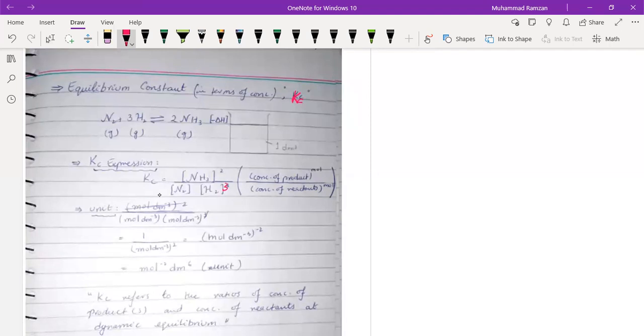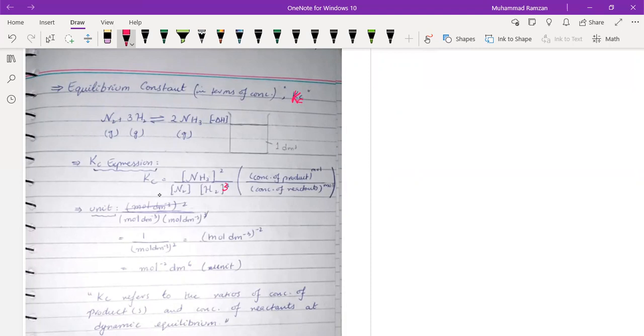And if you want to derive the units, this is mole per dm cube, mole dm minus 3 squared, and for H2 this is cubed, the mole per dm cube raised to power 3.